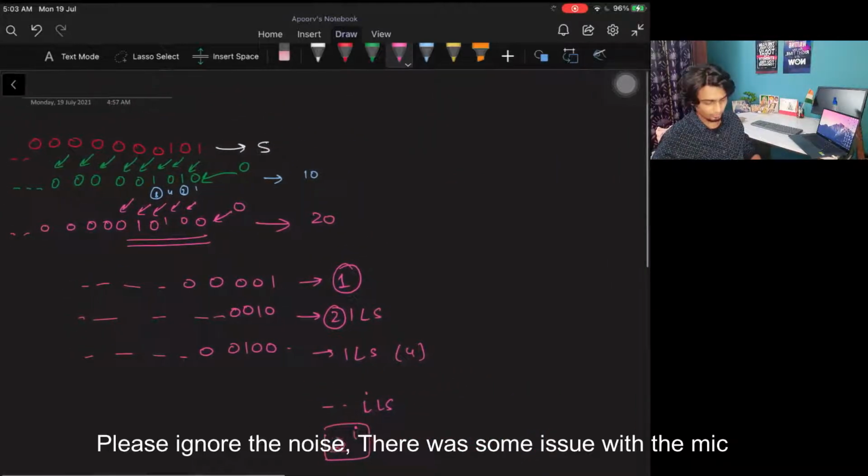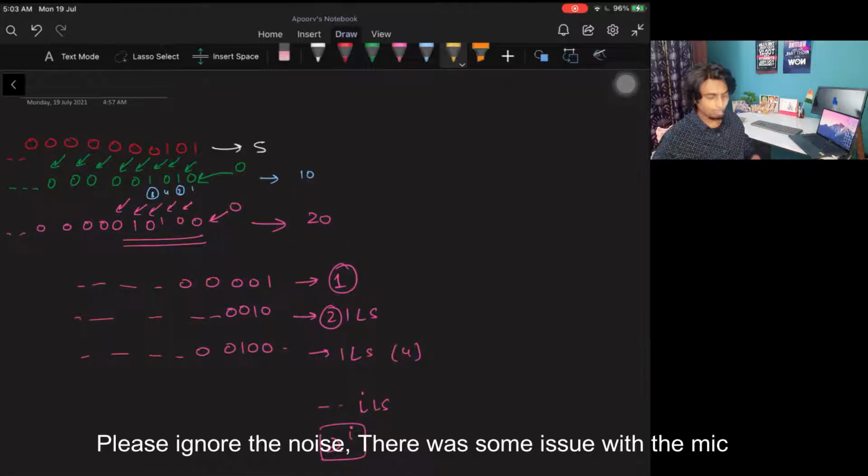This is all about left shift, and the operator for left shift is this operator. You would have seen it very frequently, right? And why we are talking about left shift and right shift is because it's asked very frequently in most of the product based companies, right?